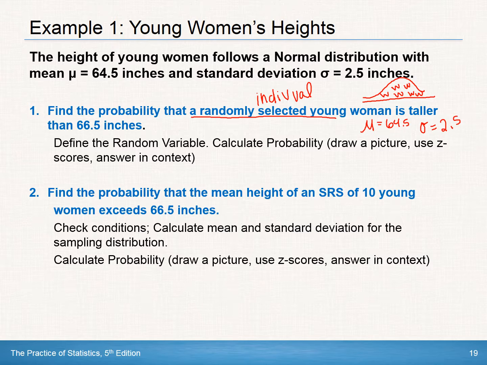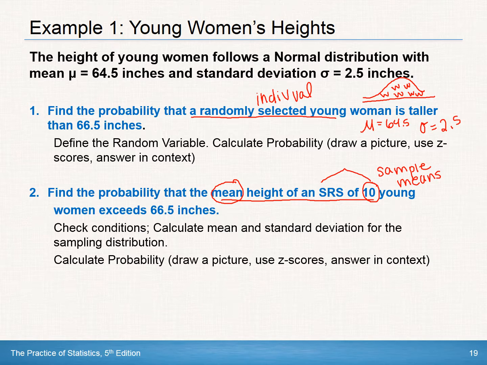Look at the difference in the wording here. It says find the probability that the mean height of an SRS of 10 young women exceeds 66.5 inches. That is no longer looking at individuals. Since we're taking an SRS of 10 young women, this is telling us that I'm looking at sample means. How did I know that I was using means over proportions?